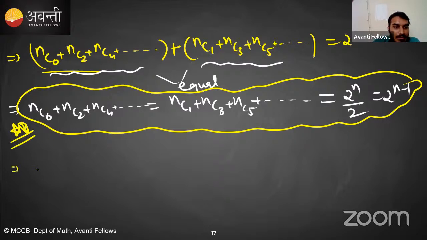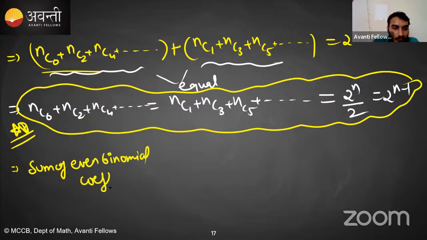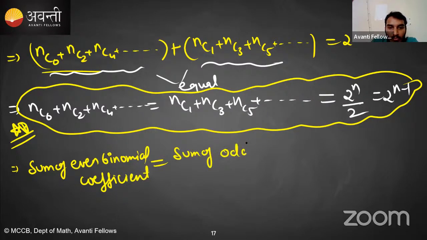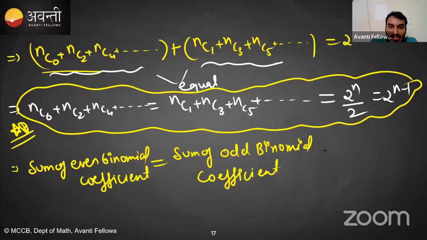So it implies, let me write down this again, sum of even binomial coefficients is equal to sum of odd binomial coefficients is equal to 2 raised to the power n minus 1.